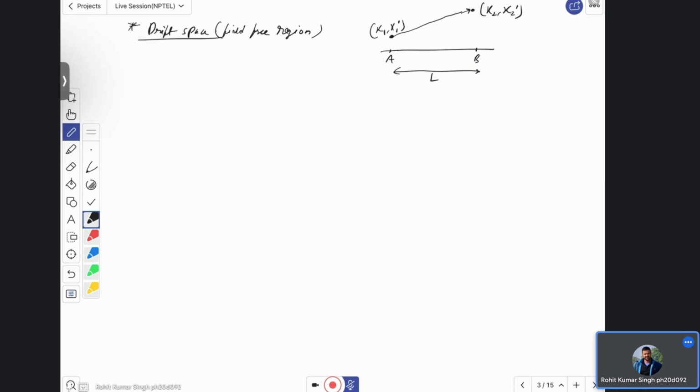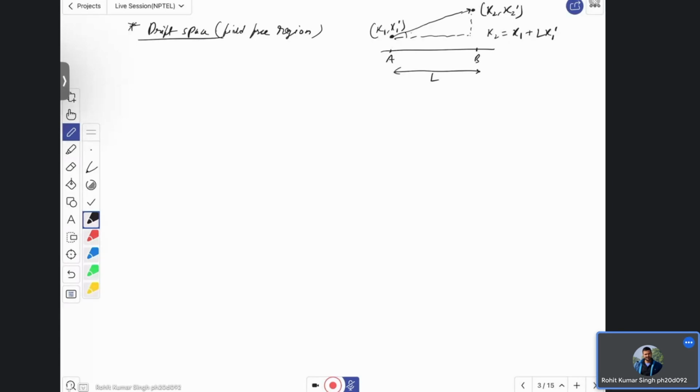Okay, so now if we know the slope of this line, you can write x2 as x1 plus L x1 prime, right?